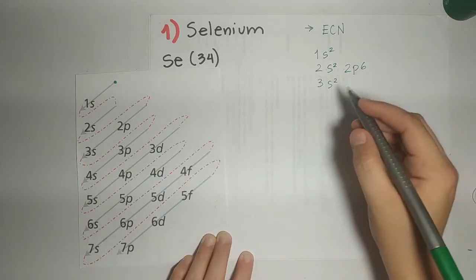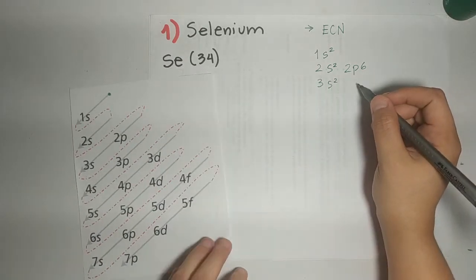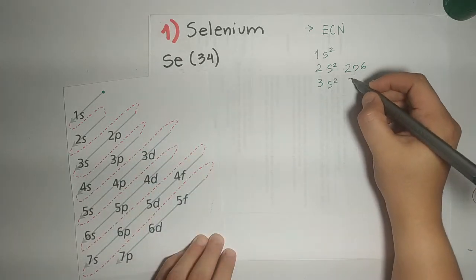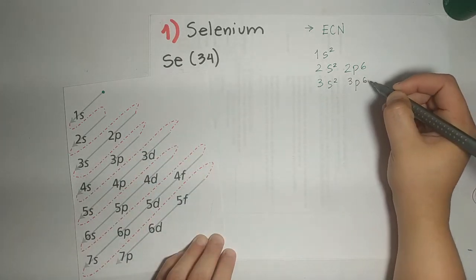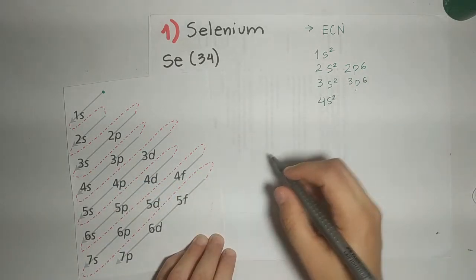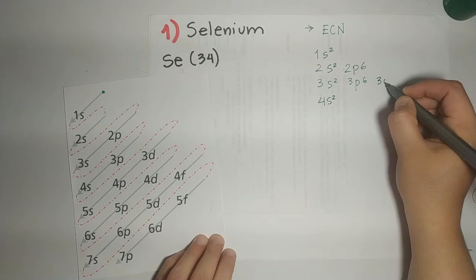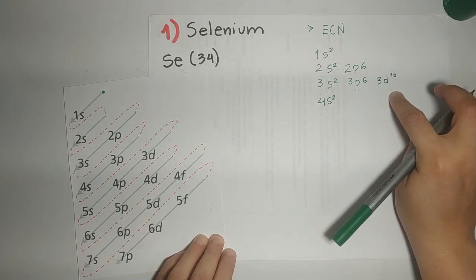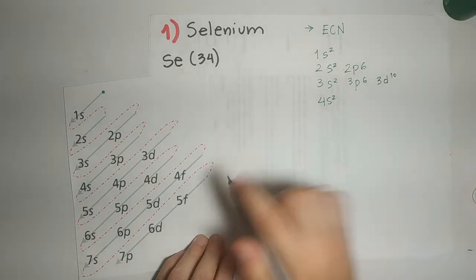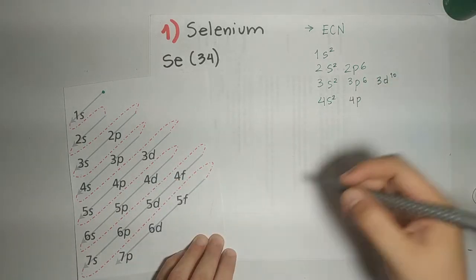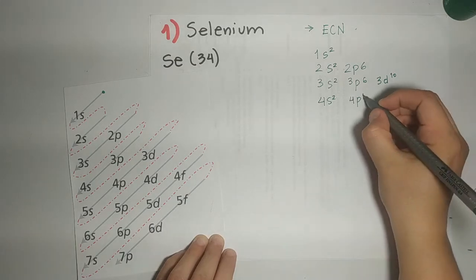We follow, and it continues to 3p6, then 4s2, then 3d10. At this moment I know I have 30, so I need 4 more. So after 3d I have 4p, but instead of using 6 I need just 4.